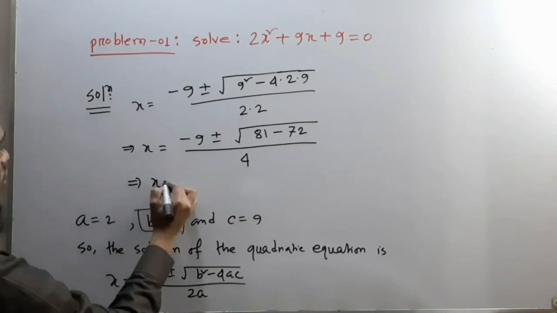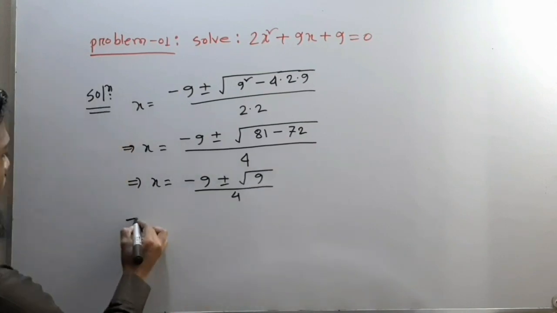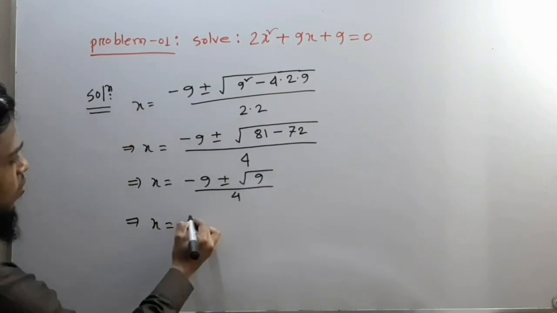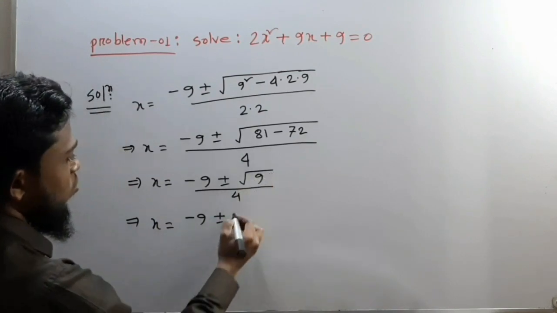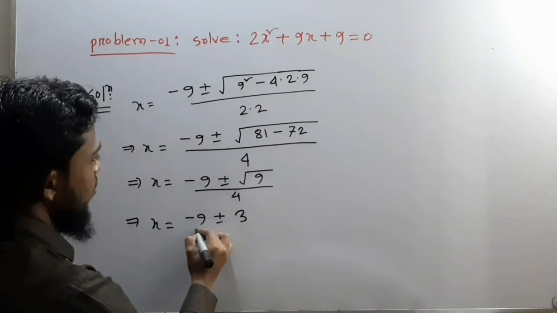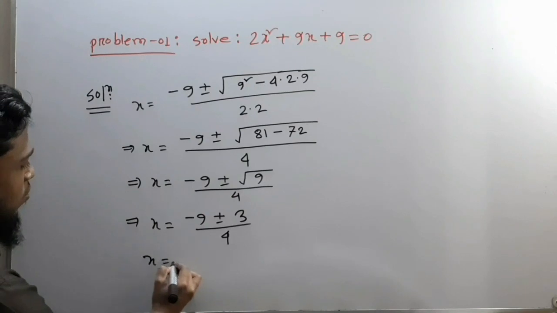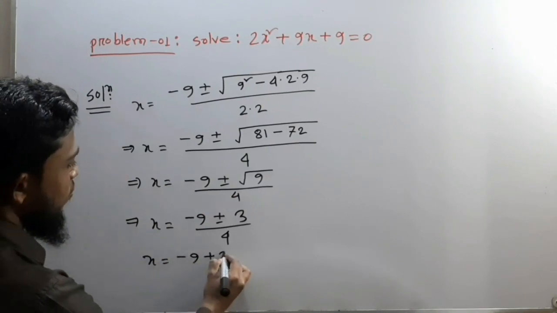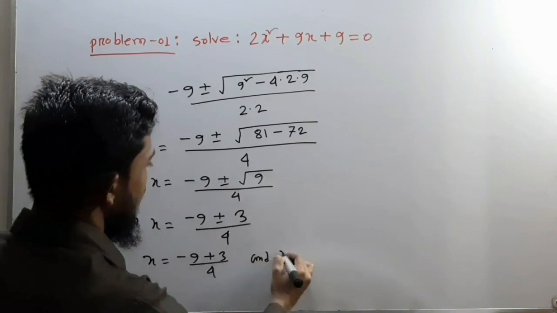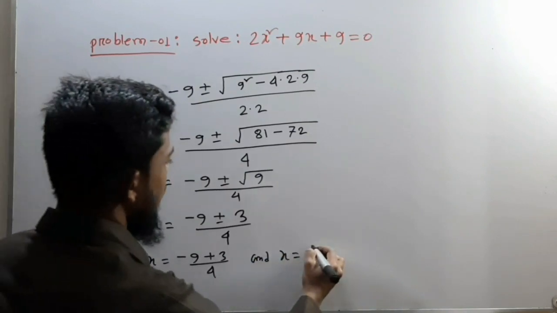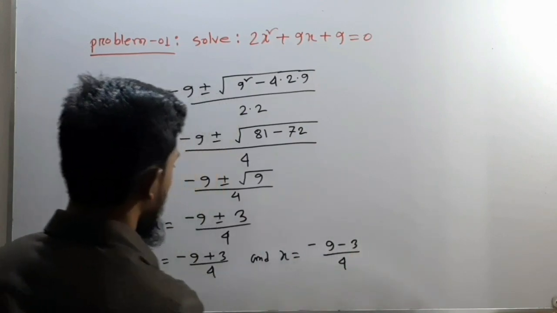So again we can write x is equal to minus 9 plus minus root over 9, that is 3, divided by 4. So x is equal to minus 9 plus 3 divided by 4, and x is equal to minus 9 minus 3 divided by 4.